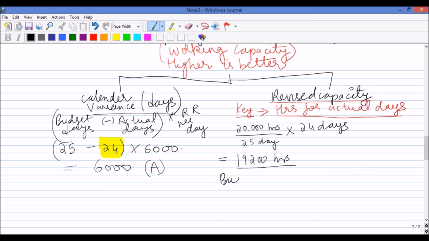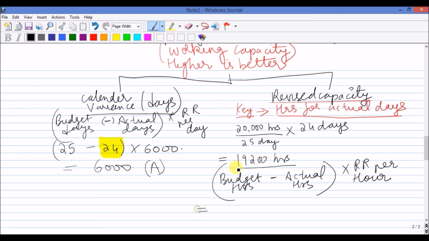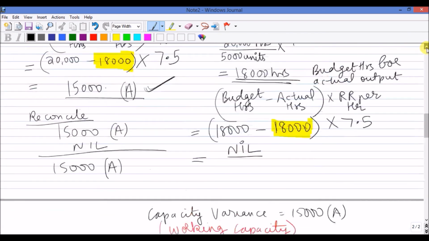These are budgeted hours. So budget hours minus the actual hours into the recovery rate per hour. So we are aware of the budgeted hours, which is 19,200, and how much is the actual hours?